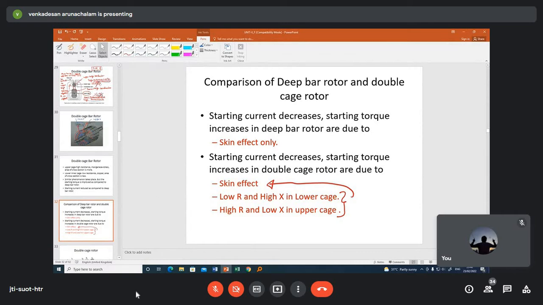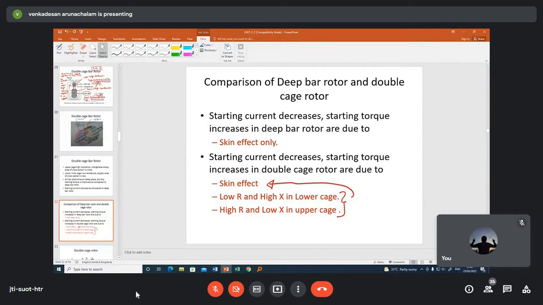From the torque slip curve, we have seen that the starting torque will be improved, and these are all due only to the skin effect. That is what I have written in red color. All these phenomena take place only due to the skin effect in the case of the deep bar rotor.